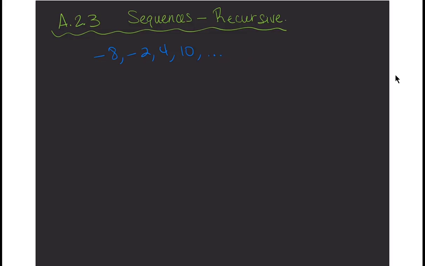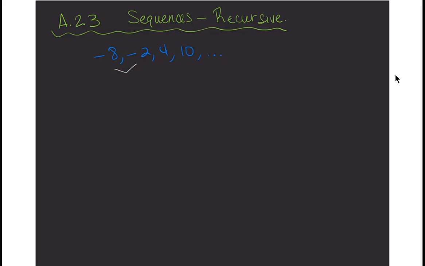So when we look at our sequence, we want to see if we can determine if this is arithmetic, which is where we're adding numbers to each, or if it's geometric, if we go from one term to the next by multiplying. So how do we get from -8 to -2? We could technically multiply by 4, but if we multiplied by 4, I'm not going to go from -2 to 4.